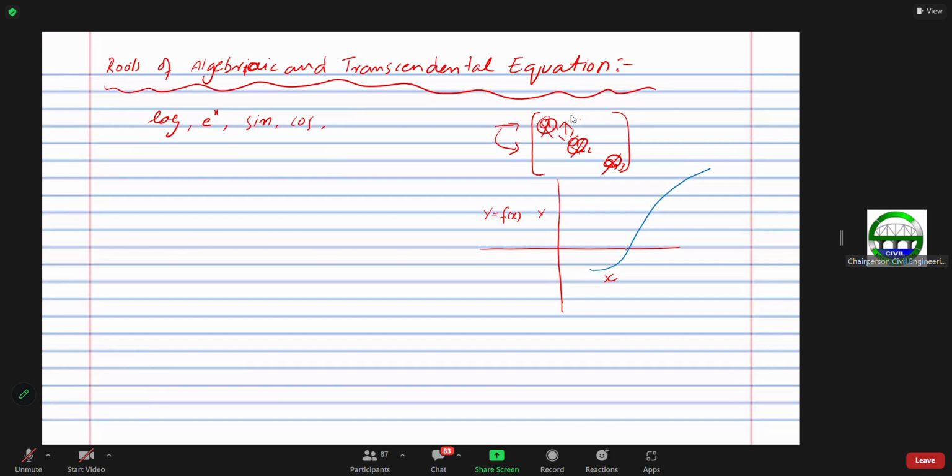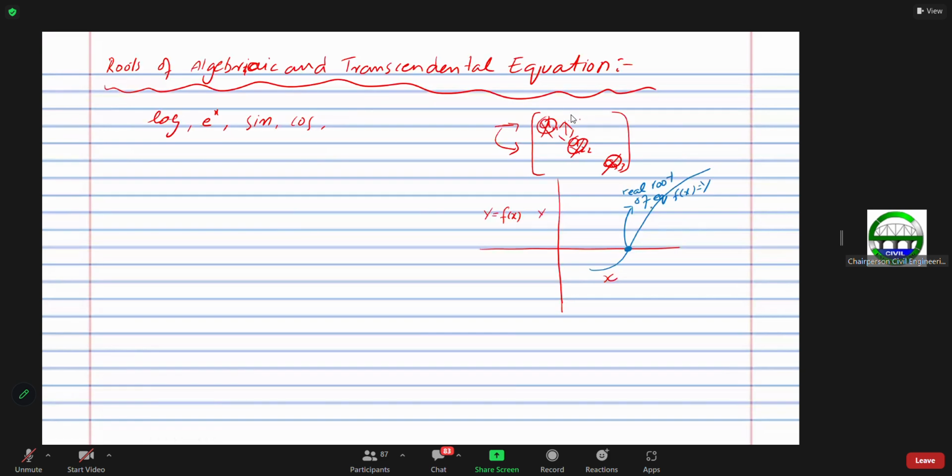Okay, so this point is known as the real root of the equation y equals f of x. This particular point.